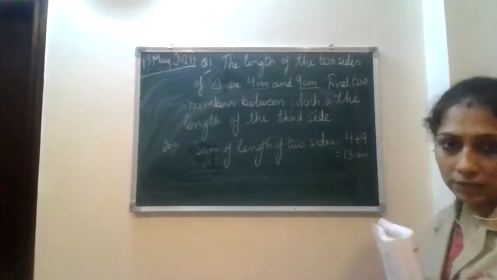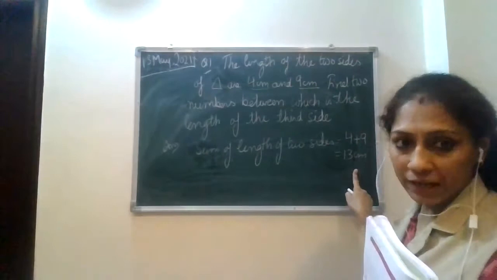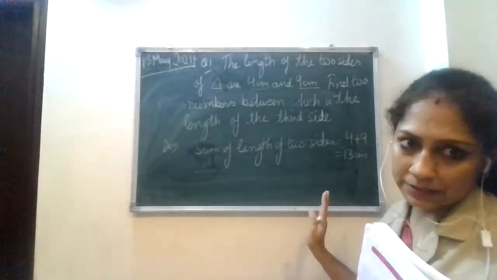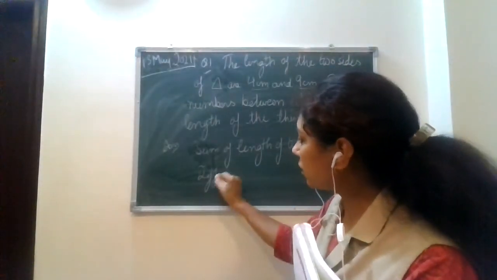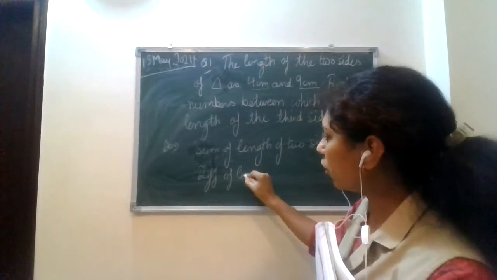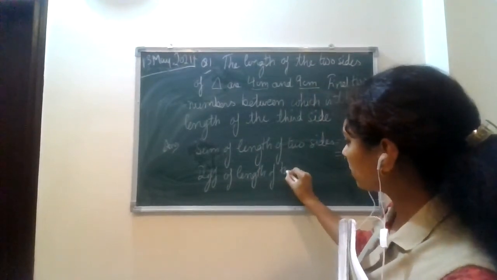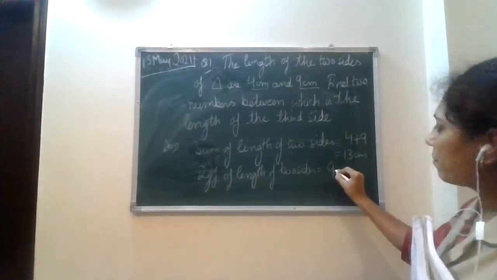Your third side should be less than this. This is a property you have studied. The sum of the lengths of two sides should be greater than the third side. And we should also find the difference of the lengths of the two sides. We get the answer as 9 minus 4.